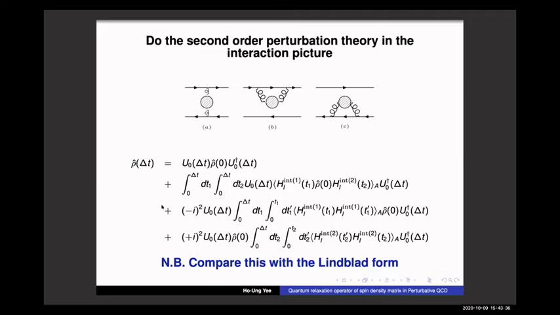One is from the bra part, one is from the ket part, and those contributions are represented by diagram A. And it's important to include this cross diagram A to ensure that the total probability of the density matrix is conserved. Only when we add all these 3 terms is unitarity satisfied.